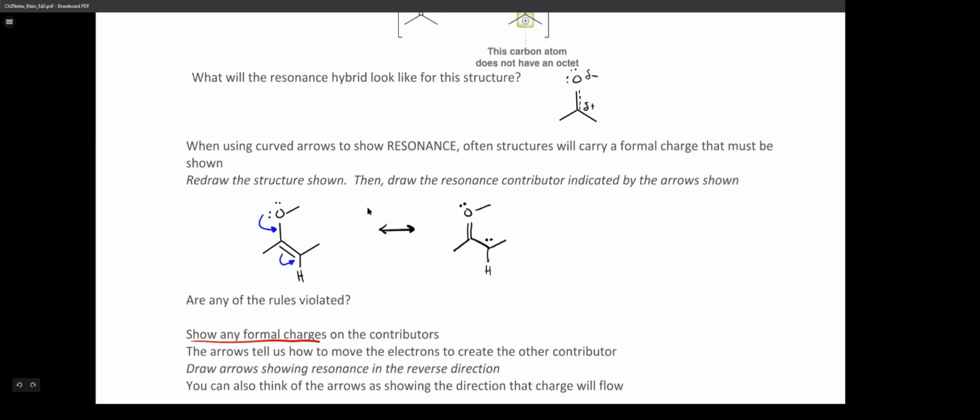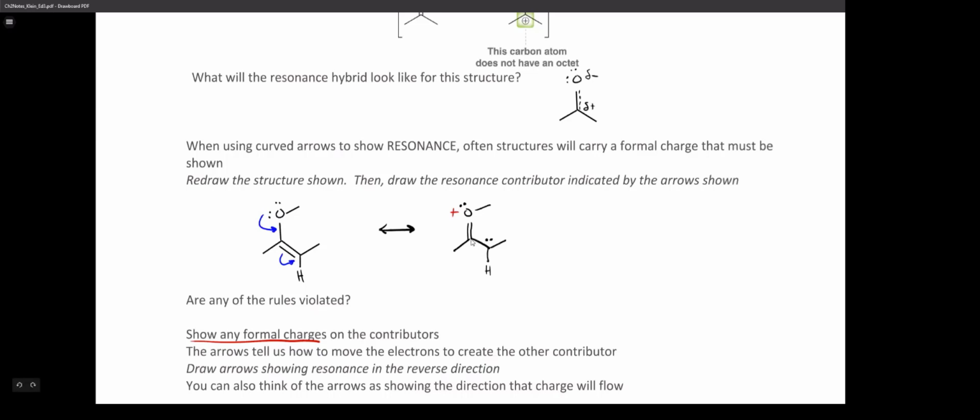All right, so this oxygen was neutral, but now what is it? +1. And if there's a +1 in there, somewhere there has to be a -1. Yeah. So where is the -1 now? It's on the carbon. This is called a what now? A carbanion.